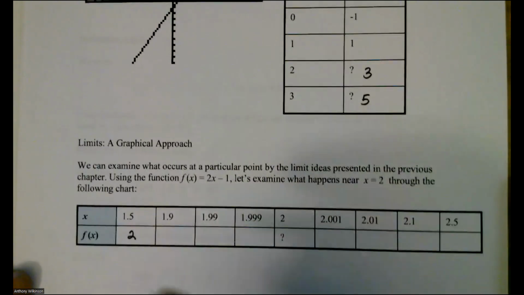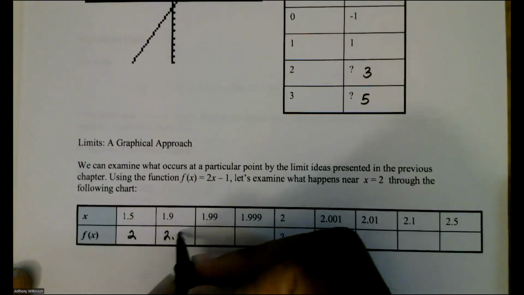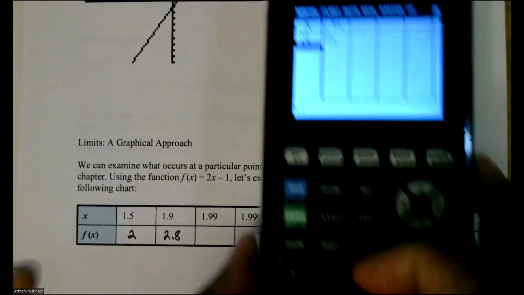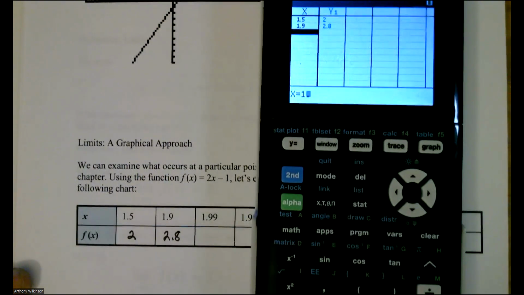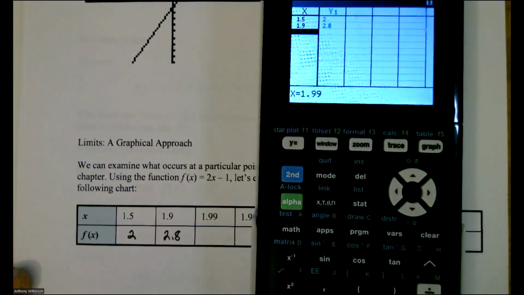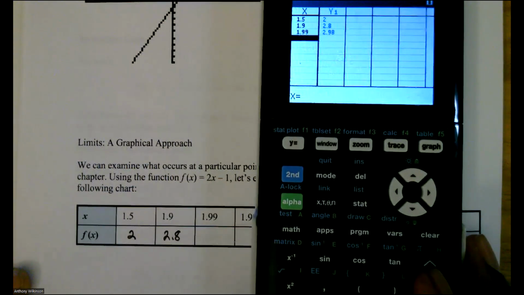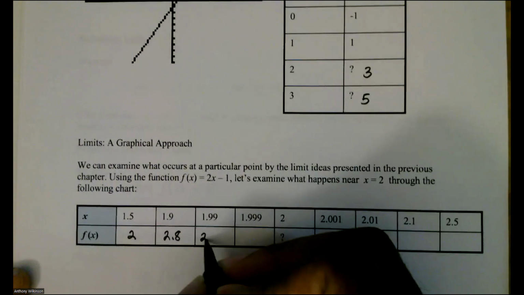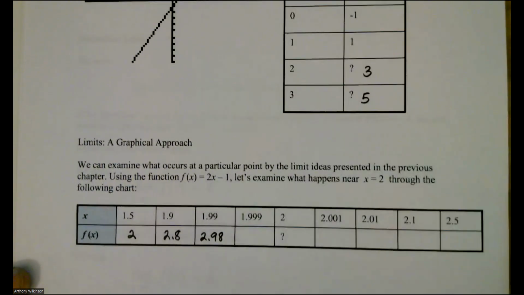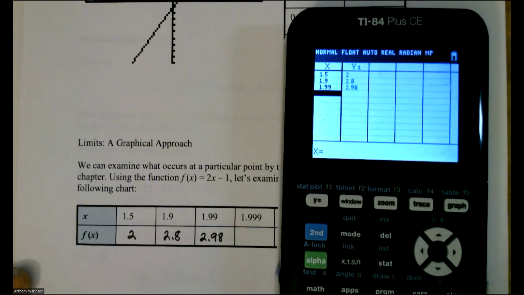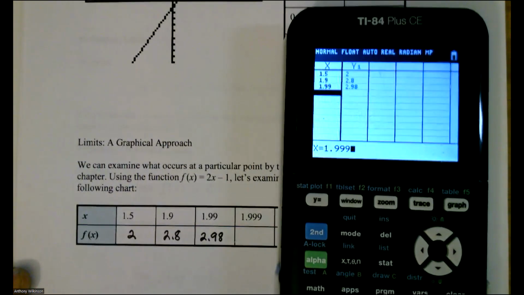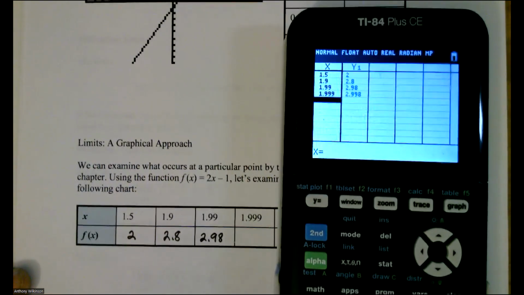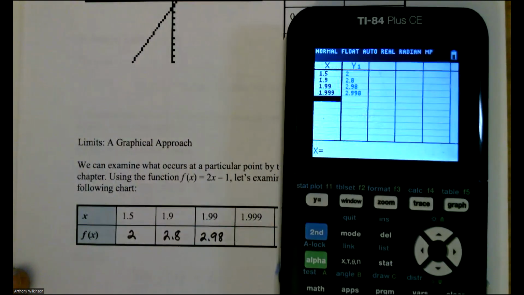Now I need to move this out of the way. And then for 1.99, that would give me 2.98 for f of x. And then 1.999, I'm sorry, it'd be 2.998.